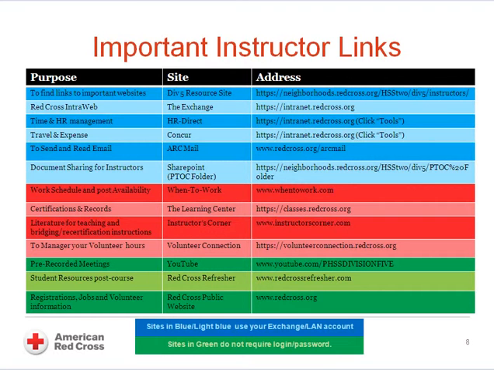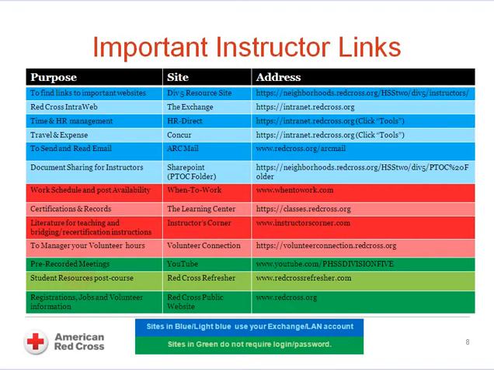If you want to look at your schedule and change your availability, that's through whentowork.com. Certifications and records. If you are looking to look at your certifications and download your rosters, for example, you can go to the Learning Center, https://classes.redcross.org. If you need copies of your instructor manual, participant materials, bridging, recertification instructions, that is an Instructor's Corner, www.instructorscorner.com.